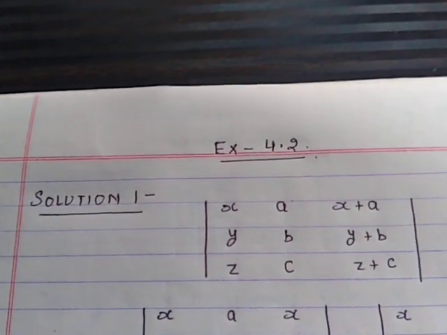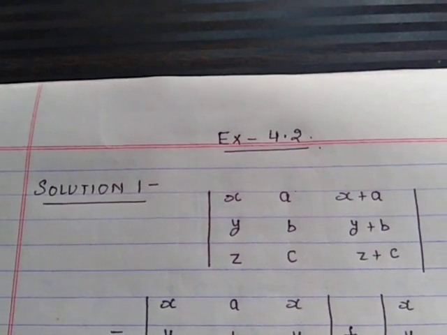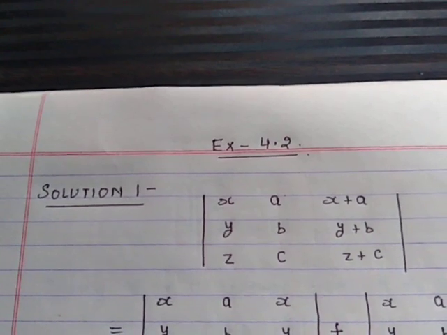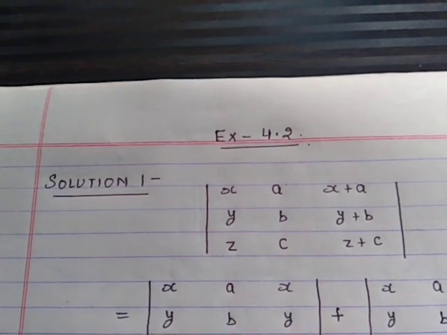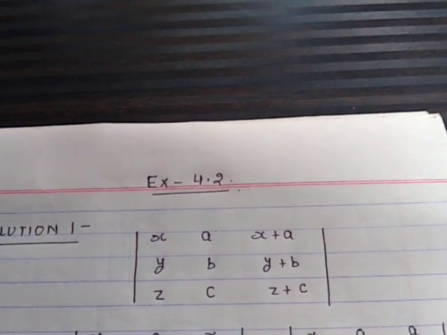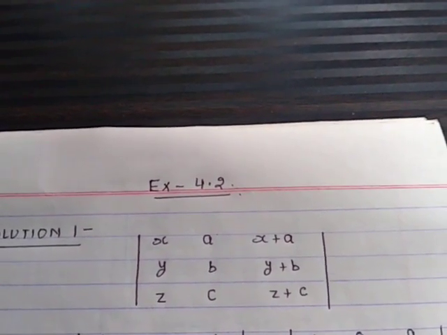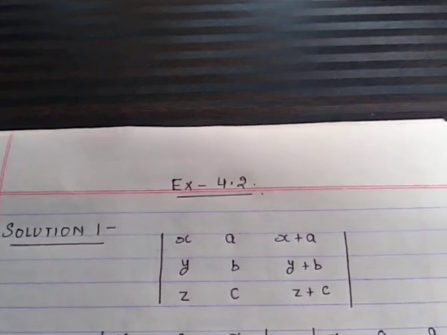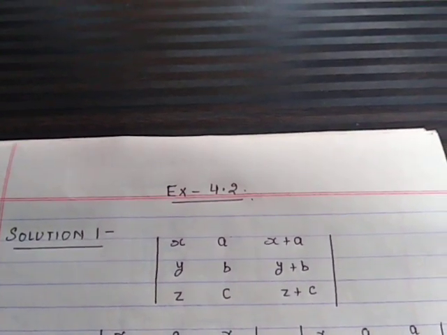The first question is, using the property of determinants and without expanding, prove that the given determinant equals 0.